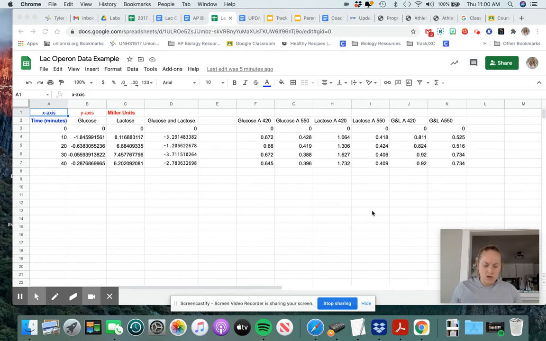Okay, so here's what you should have filled out. You should have your qualitative lab table. I had you fill out this table, okay?